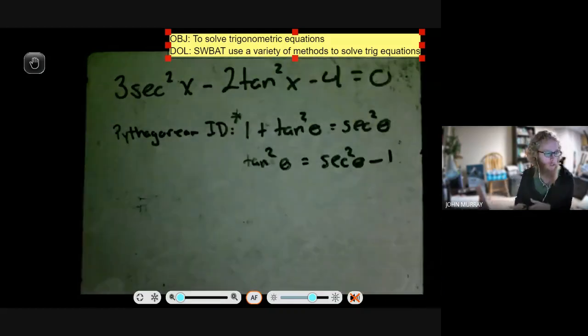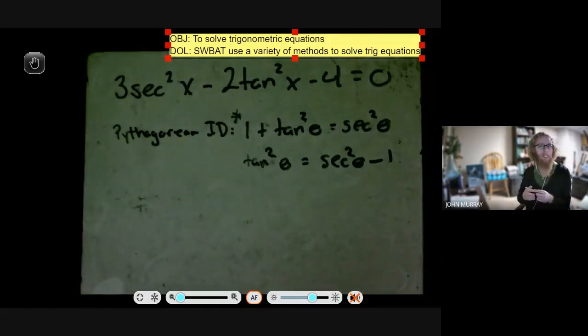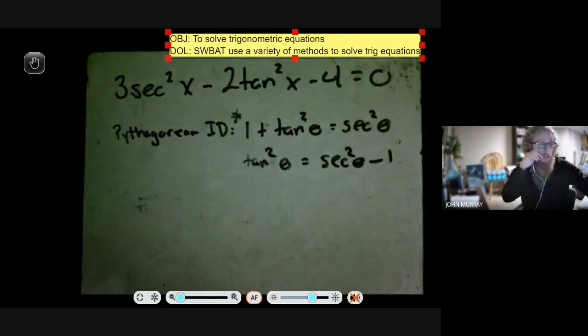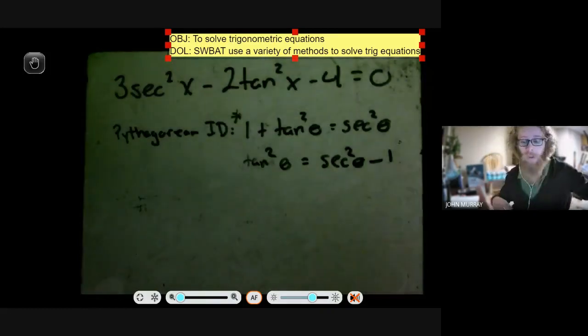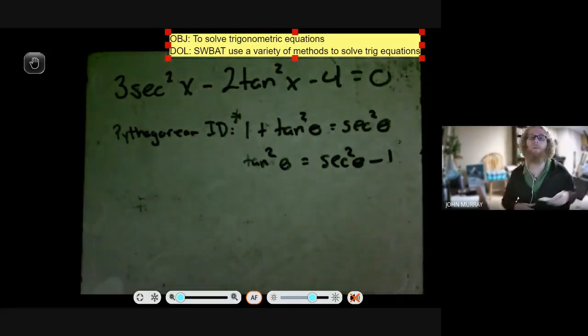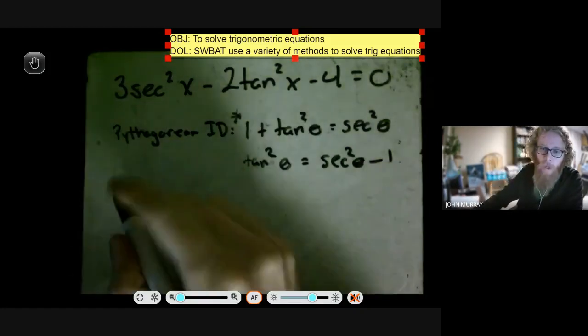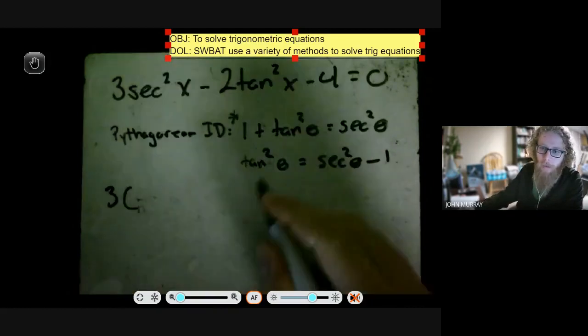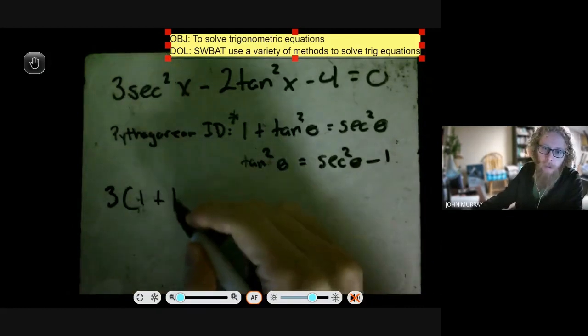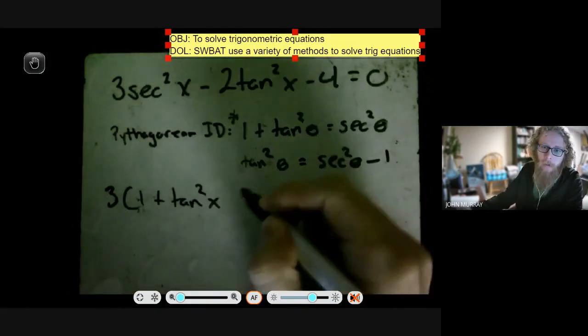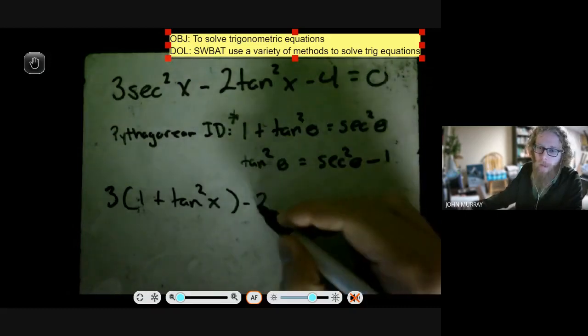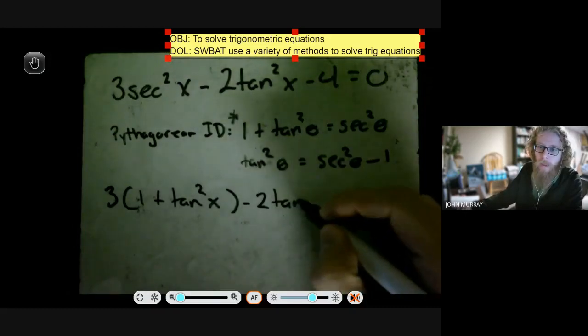If you manipulated it and used that rule, though, you're not wrong. Your process will be different, but hopefully you end up with the same answer. So rewriting this, I'm going to have 3 times 1 plus tangent squared of x, and then everything else I'm keeping the same.